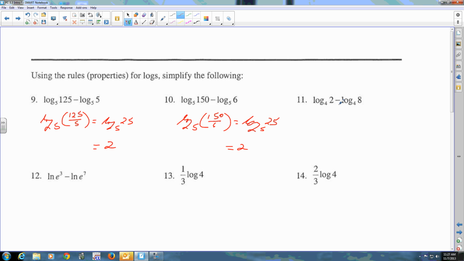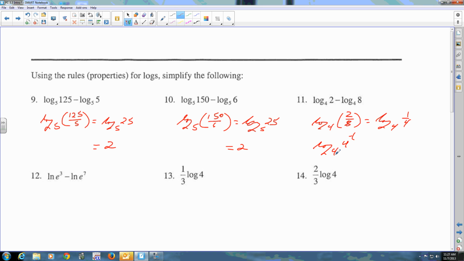This one, you're subtracting again, so it's another quotient. Log base 4 of 2 over 8 is log base 4 of a quarter. Now, another way to write this, in case you're not seeing the answer, is log base 4 of 4 raised to the negative 1.